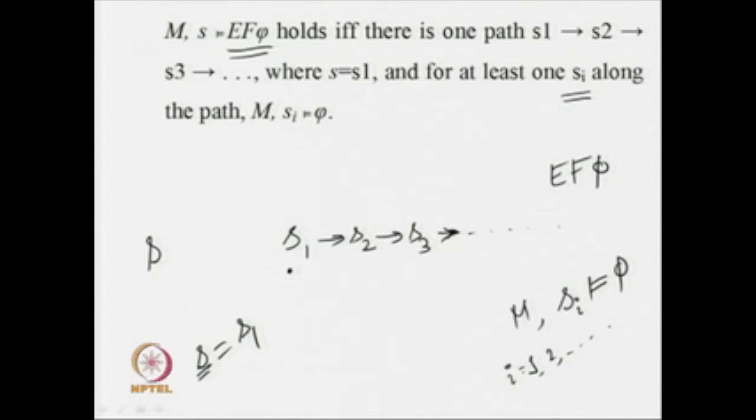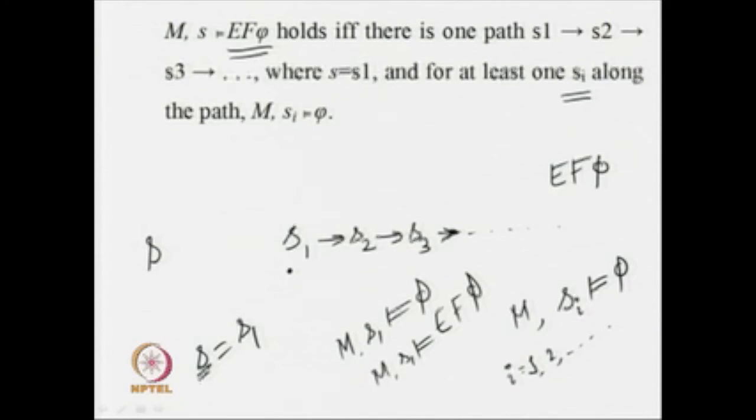So what happens is that we get M, S1 models phi, and then according to this definition, M, S also models EF phi. So according to this definition, M, S1 also models EF phi. This is due to the definition of the semantics.